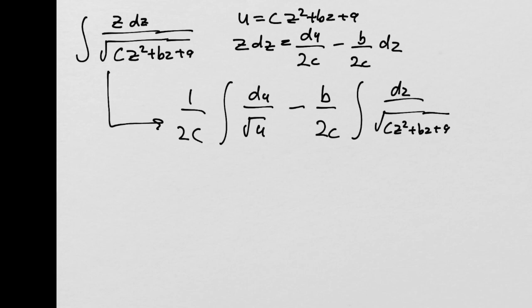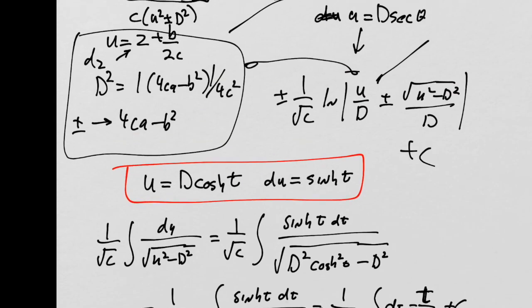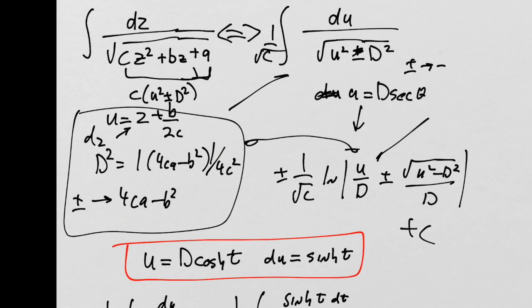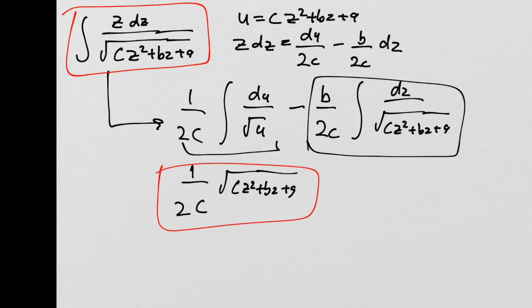And so this should end up being 1 over 2c times the square root of cz squared plus bz plus a, right? That's this integral. And then this integral is of the exact same form that we just did over here. This is this guy right here. So we've reduced this integral into a constant term minus an integral that we know how to do. So this integral can now be completely solved.